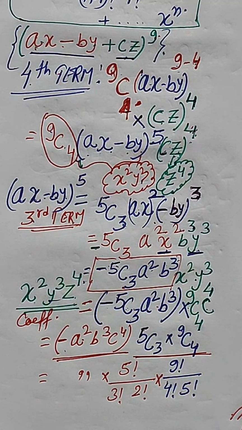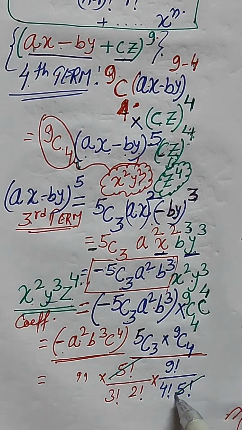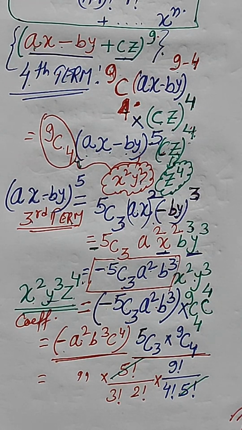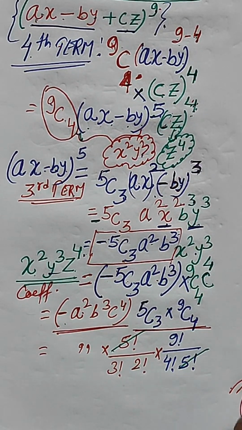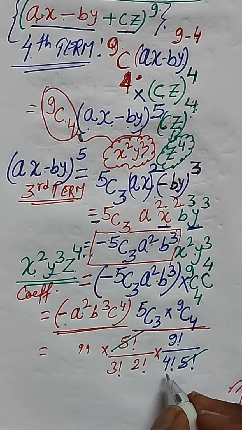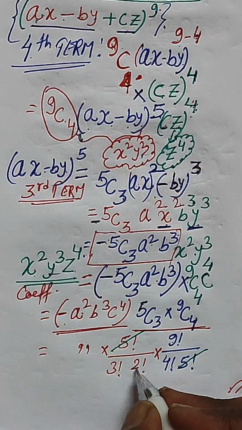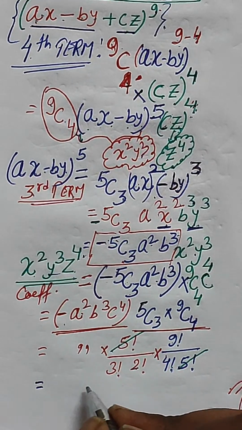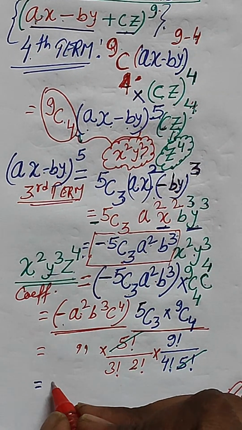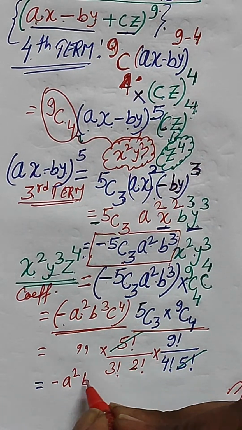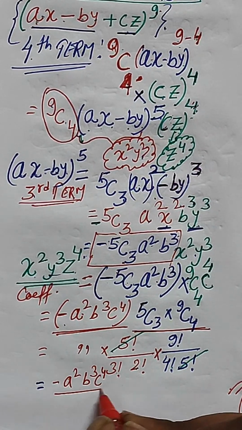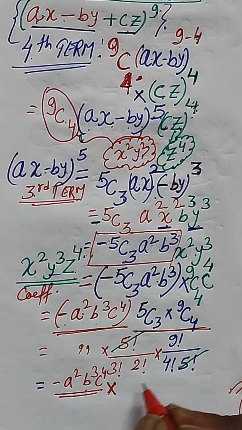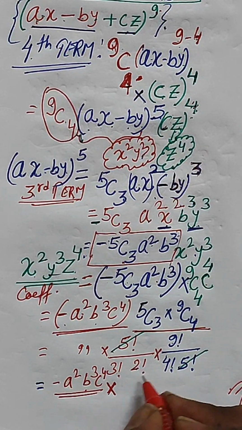So here you can see factorial 5 and factorial 5 are cancelled out, right? And we are left with factorial 9 by factorial 4, factorial 3, factorial 2. So here minus a square b cube c4 is coming as it is from the beginning, okay? And this multiplied with this one, factorial 9.